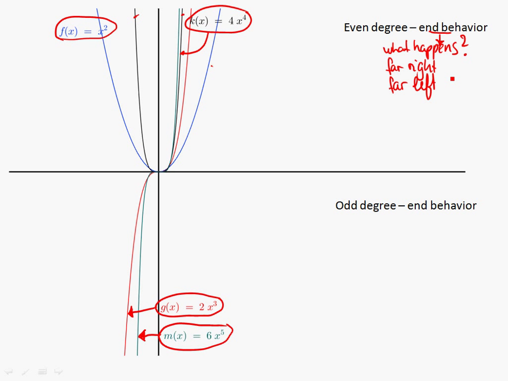So it's a question. Okay, so what happens? So far right, think of the furthest right on the x-axis that you can be. What is far right? Far right would be represented with what? Yes. And far left is negative infinity.